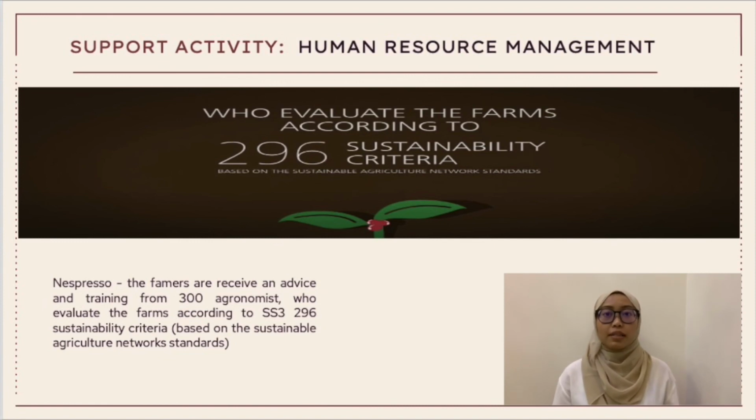The agronomists evaluate the farms according to 296 sustainability criteria based on the Sustainable Agriculture Network standard. According to the training program, it has increased farmer satisfaction by 82.5% and 90% of farmers' loyalty in order to work with Nespresso.